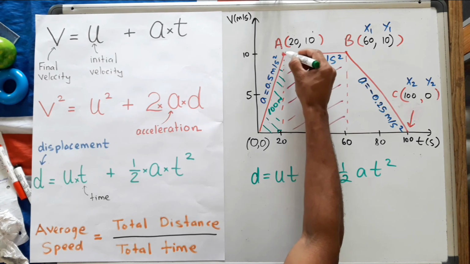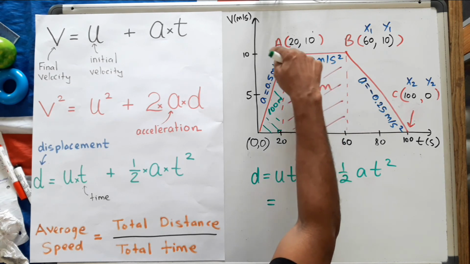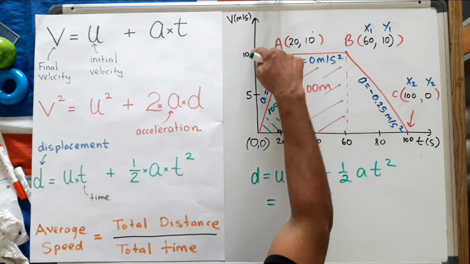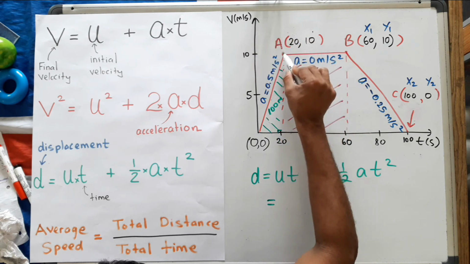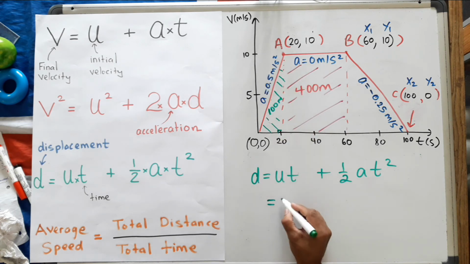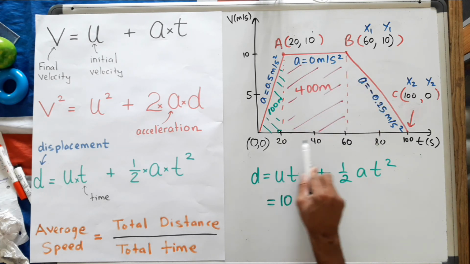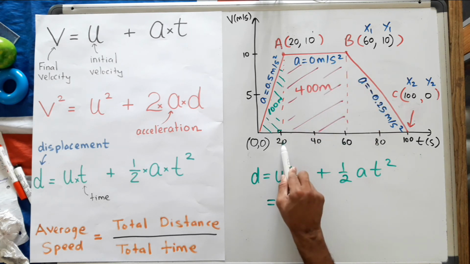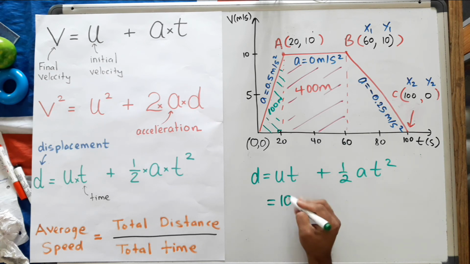At A, the starting velocity, remember the y-axis is velocity, so the starting velocity at the beginning of the line was 10. So the initial velocity was 10. How much time went between A and B? 40 seconds, because here's 20 seconds, and then we went to 60 seconds. That's a total of 40 seconds.